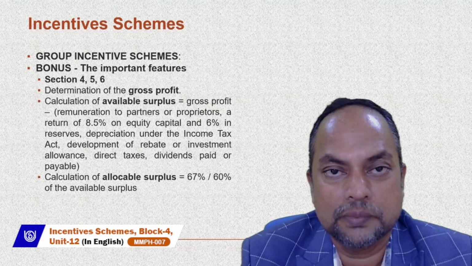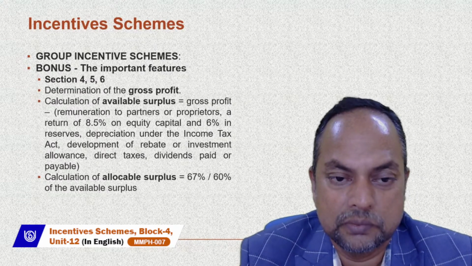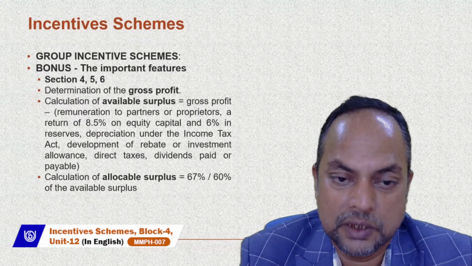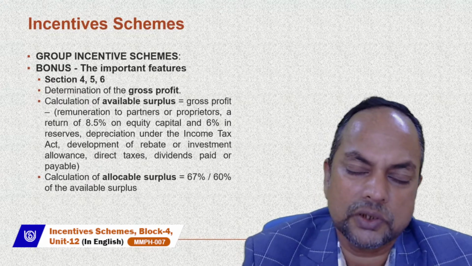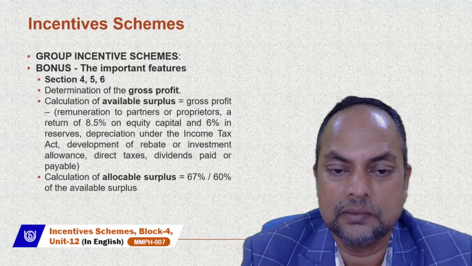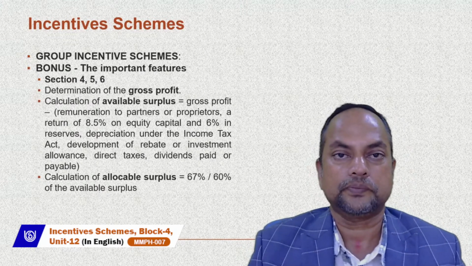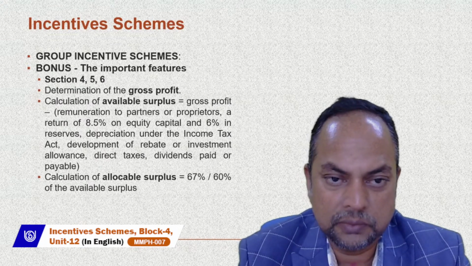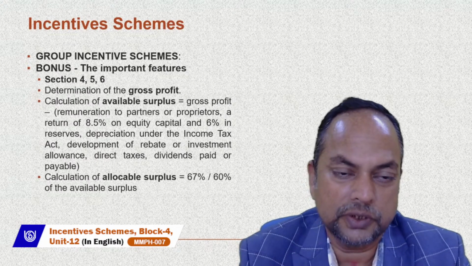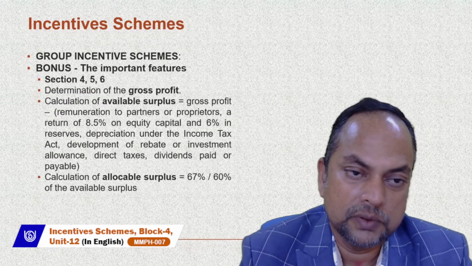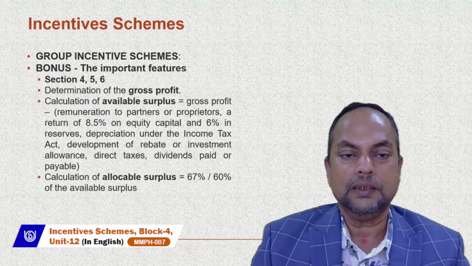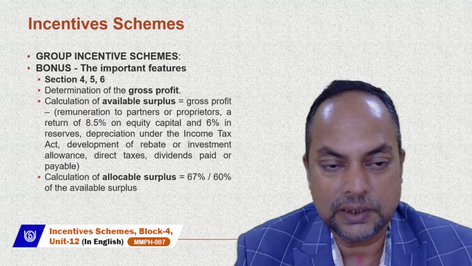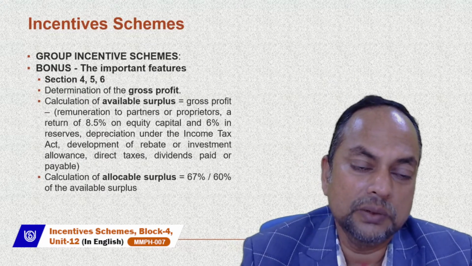So any such kind of depreciations that happens through the Income Tax Act, developmental rebate or investment allowance, all the sorts of direct taxes, indirect taxes, and dividends paid. So when we subtract all of these from the gross profit, whatever is available, right, that should be paid to the worker as the bonus. Right? But again, one more thing.